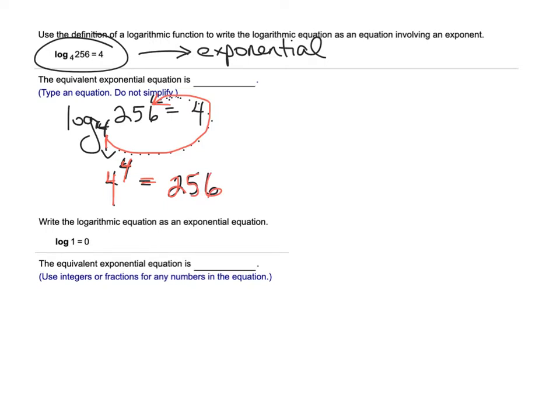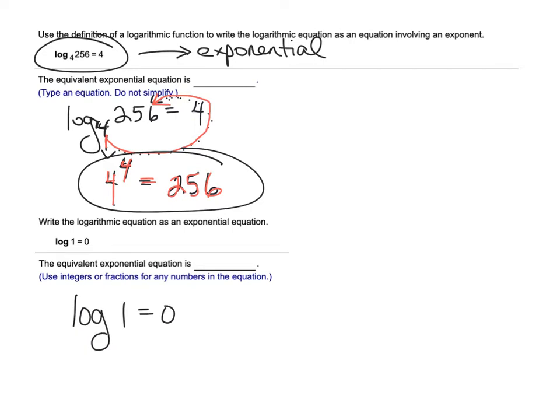Okay? So that's what they would ask. For this question, they're just wanting you to write it in exponential form. So for the next one, write the logarithmic equation as an exponential equation. They're wanting you to do the same thing. So you have the log of 1 equals 0. They're wanting you to convert it. Now remember what I said, when you have log and there's no base, that is an understood 10, right?